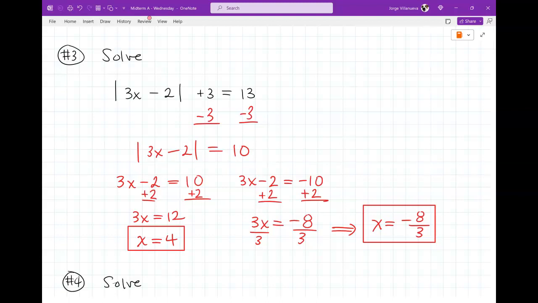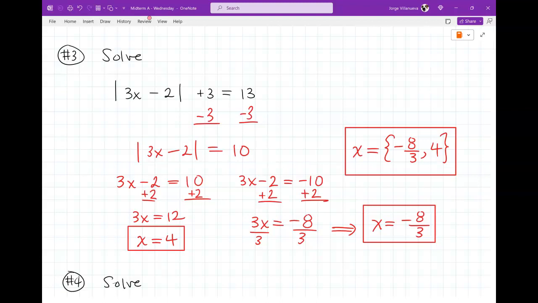They might say x equals 4 and x equals negative 8 thirds. Or you might see it like this. Make sure you guys are aware of both ways. The solution can either be each answer individually or both answers together in set notation.